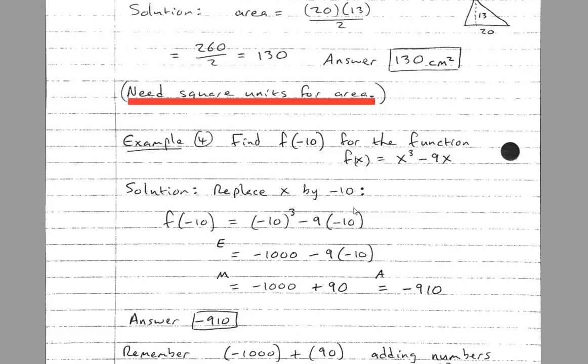We're just doing the same thing again, just with this fancy function notation. Take care of the exponent first, so -10 times -10 times -10, that's -1000.